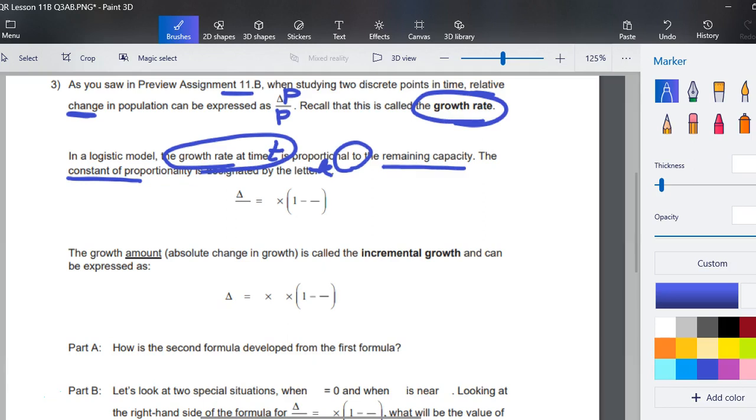What we know so far, this change of P over P, that is called our growth rate. That relative change in the population can be expressed as, it says, this growth rate at time t is going to be proportional to, that means there's a K going on, our constant of proportionality, to the remaining capacity.